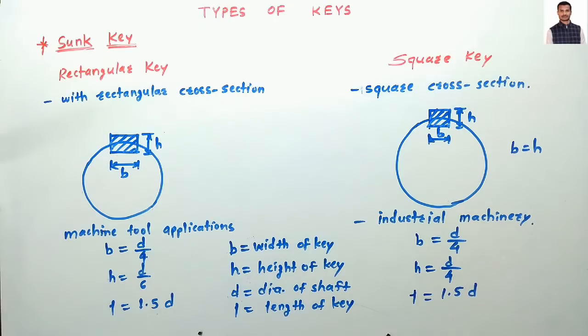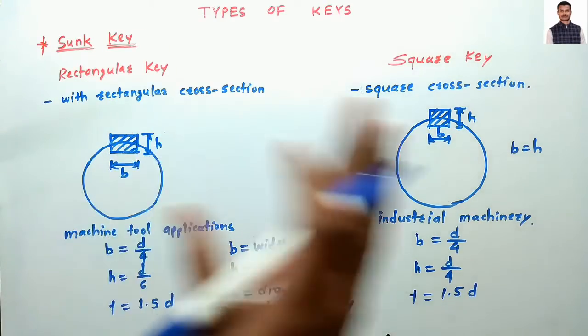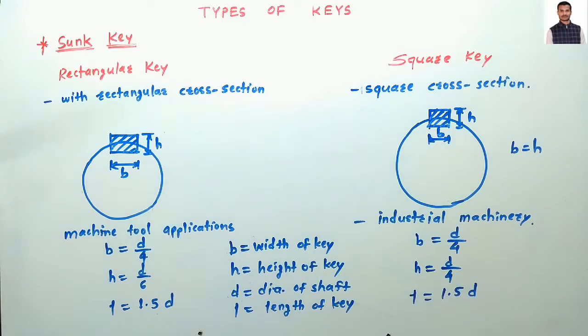So these are the main two types of sunk key, that is rectangular key and square key.